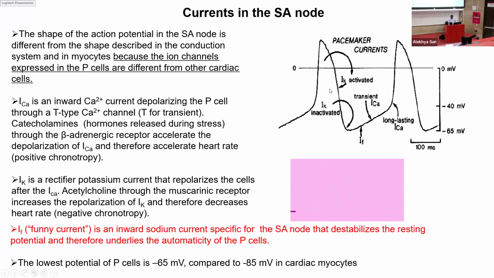This is followed by the activation of the rectifier potassium current, which will repolarize the cells. Before it reaches the resting membrane potential, there is another current called the funny current, an invert sodium current specific for SA nodal cells, which destabilizes the resting membrane potential. So it undergoes depolarization immediately.